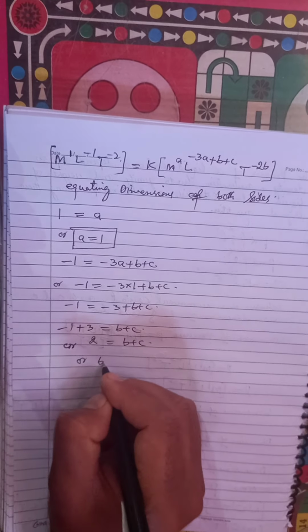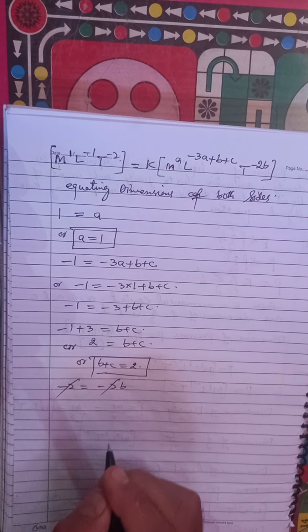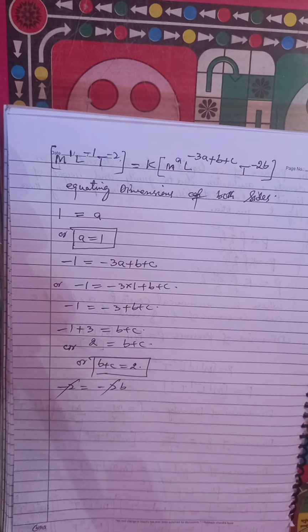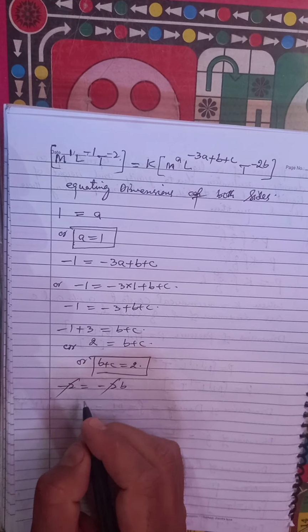So we have another relation. Then the dimensions of time: minus 2 is equal to minus 2b. So this will cancel, or we can write b is equal to 1. So we'll substitute the value of b in this equation. This is equation first, this is equation second, and this is equation third.